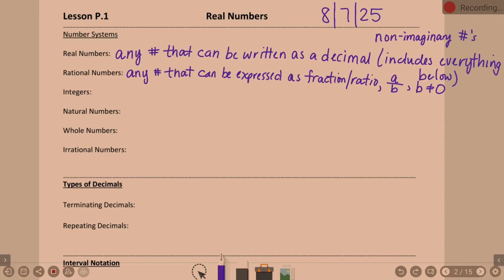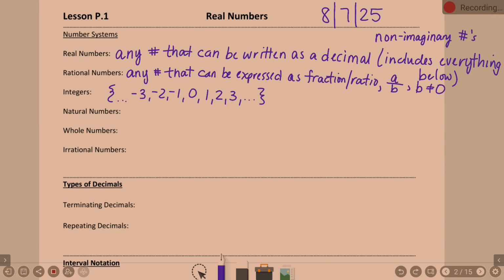Now, I don't really put this one in words. I just make an example and use a brace set with dot, dot, dot: -3, -2, -1, 0, 1, 2, 3, dot, dot, dot. If you want to put it in words, it's whole numbers and their opposites.